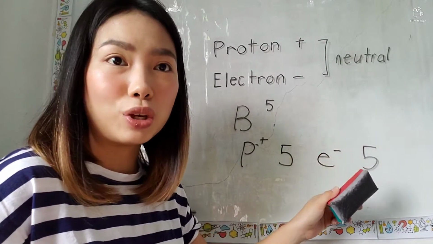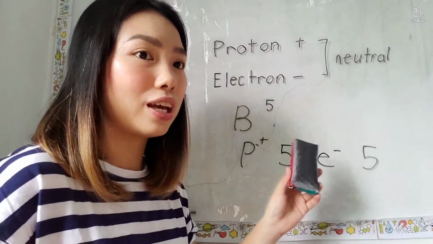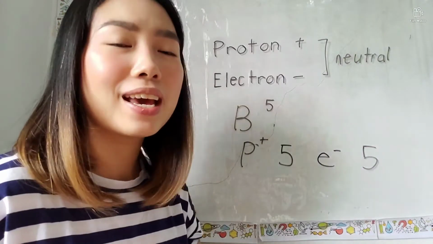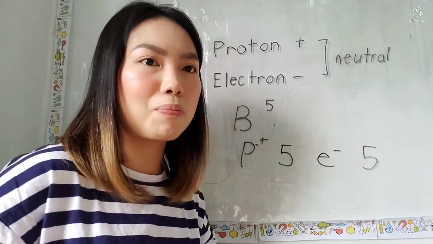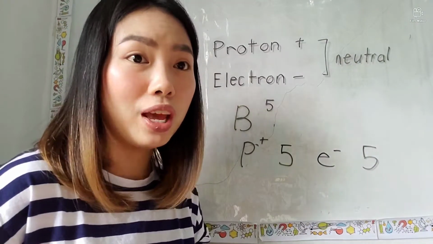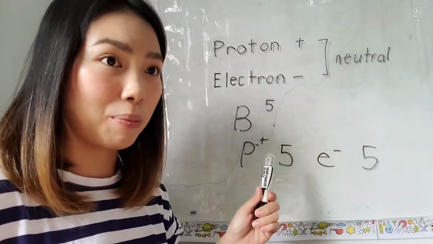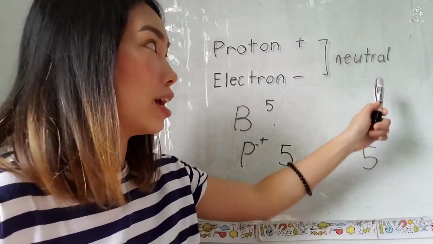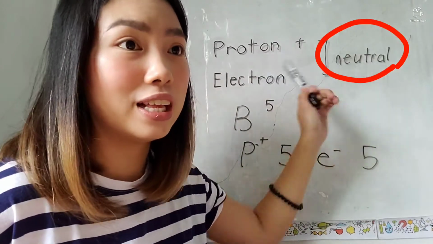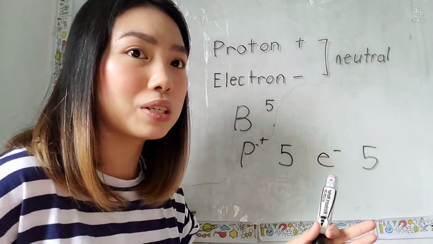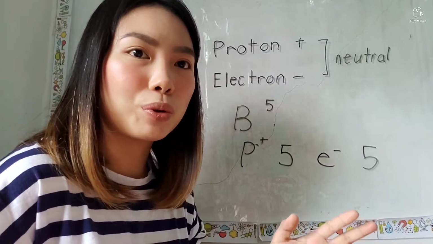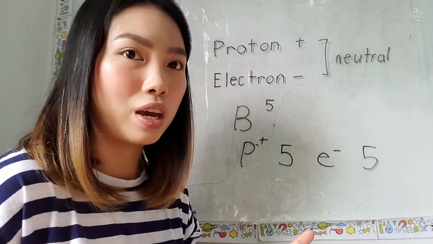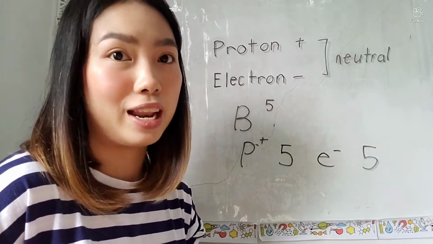But the value of electron and proton will be the same. Kailan magiging parehas ang number ng proton at electron ng isang element? If the element is in a neutral state. Neutral, ibig sabihin, balance lang, there will be no giving off and there will be no receiving of electrons.